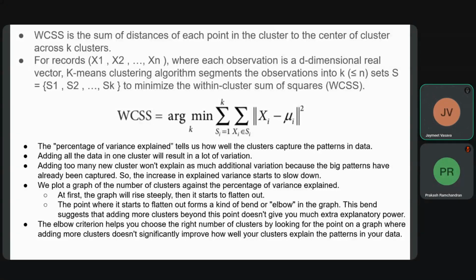So the elbow criterion helps you choose the right number of clusters by looking for the point on a graph where adding more clusters doesn't significantly improve how well your clusters explain the patterns in your data.